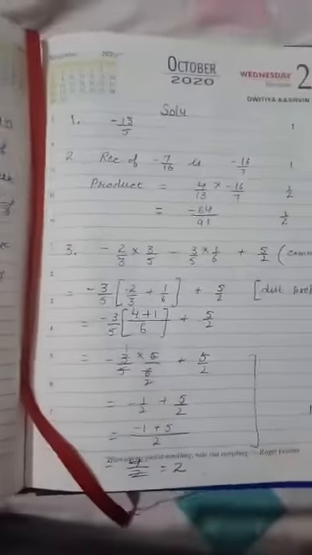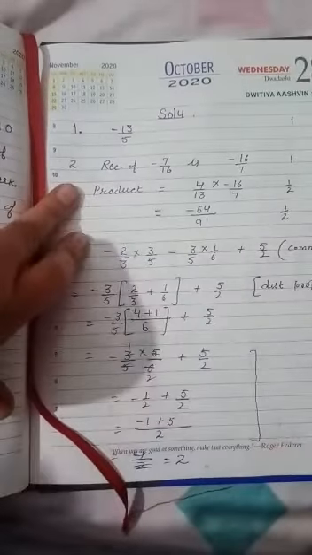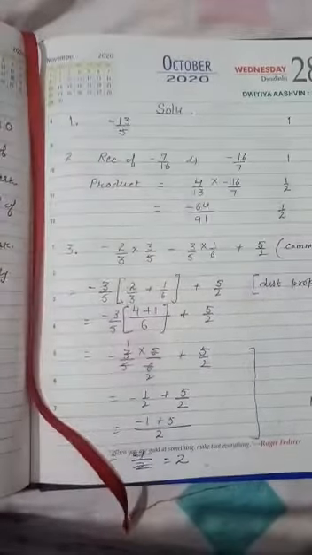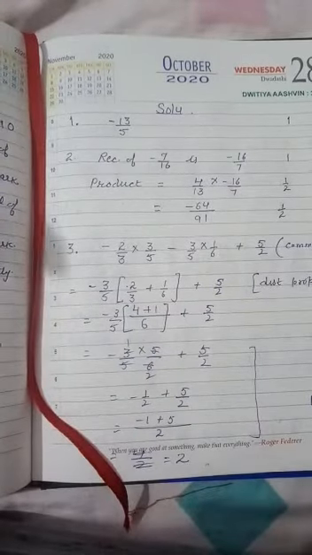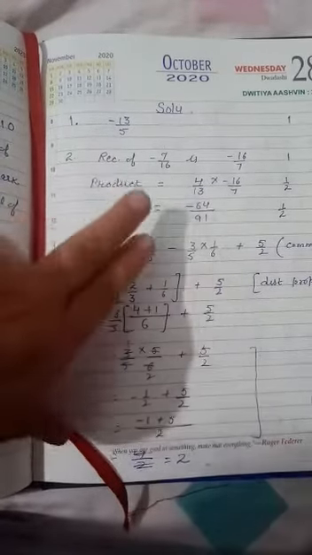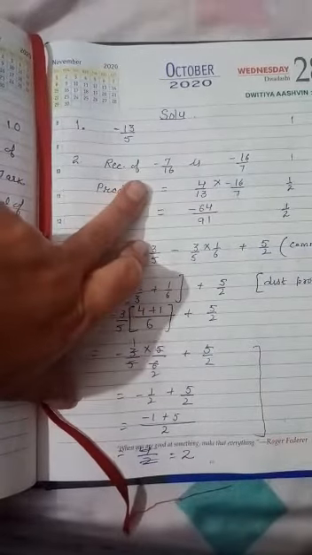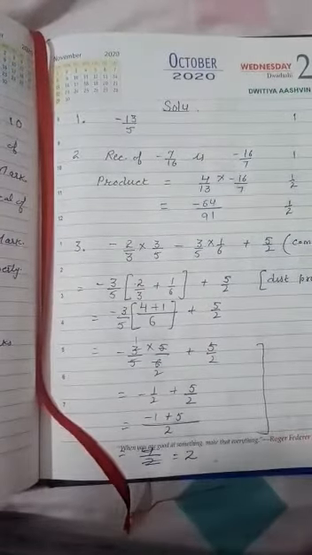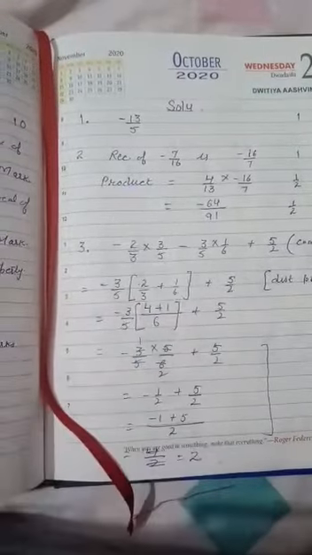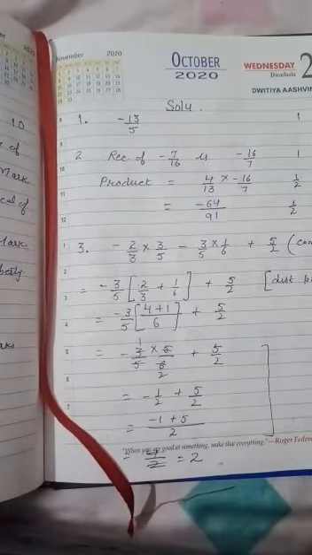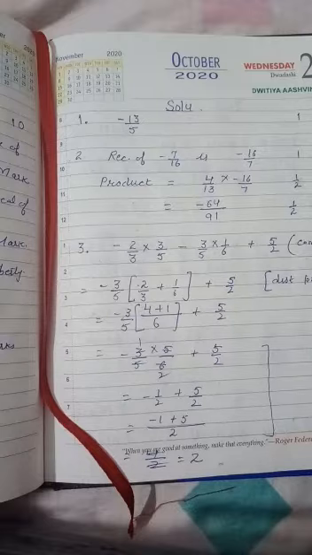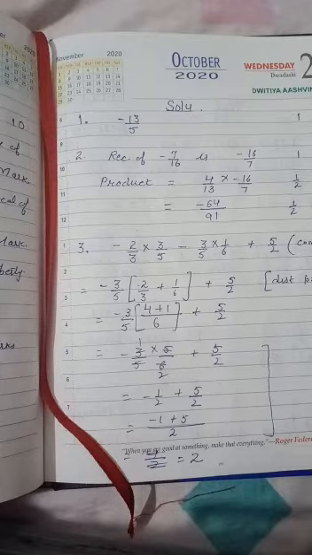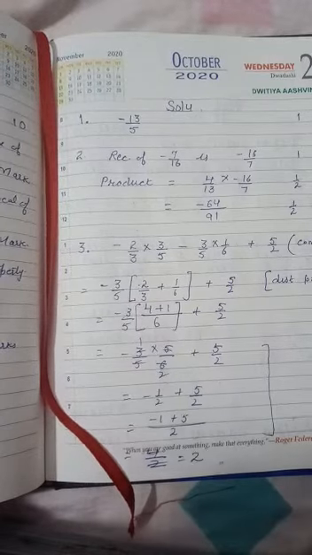The reciprocal of minus 7 upon 16 will become minus 16 upon 7, and we have to just multiply it by 4 by 13. So we will write the product is equal to 4 by 13 into minus 16 upon 7.